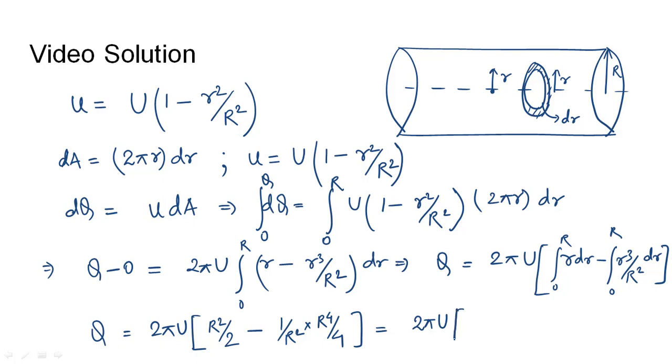Which would be 2 pi U into R square by 2 minus R square over 4. This would be 2 pi U R square over 4, which would be pi U R square by 2. This is our discharge.